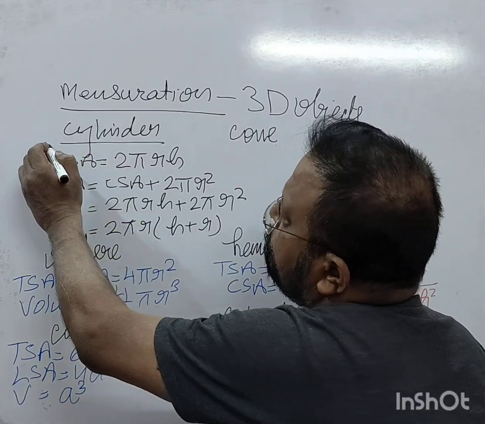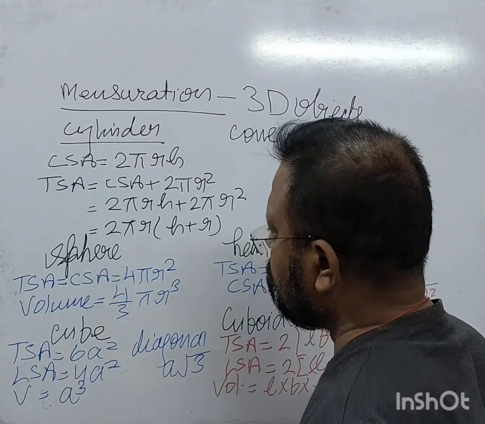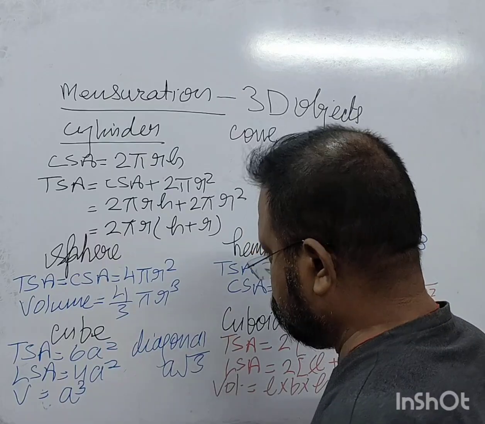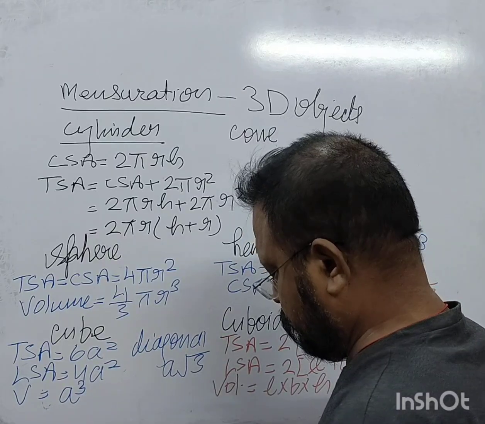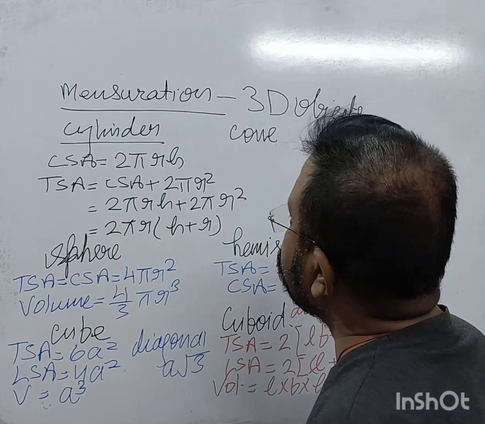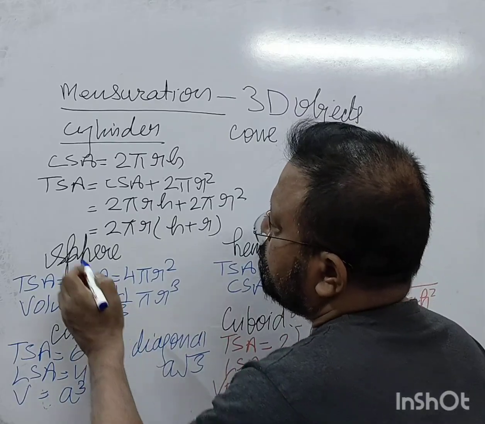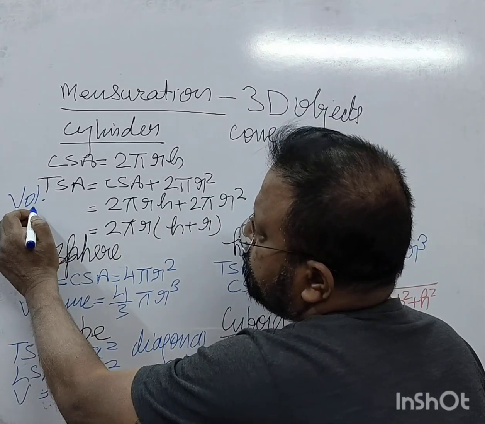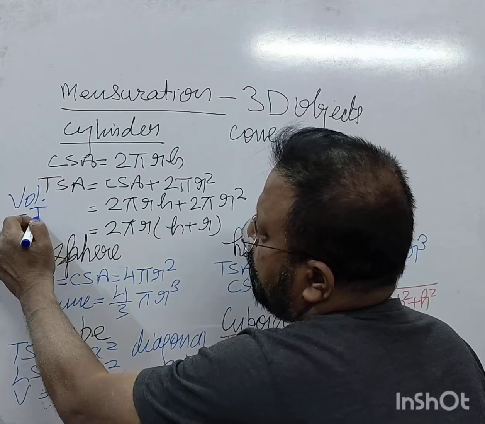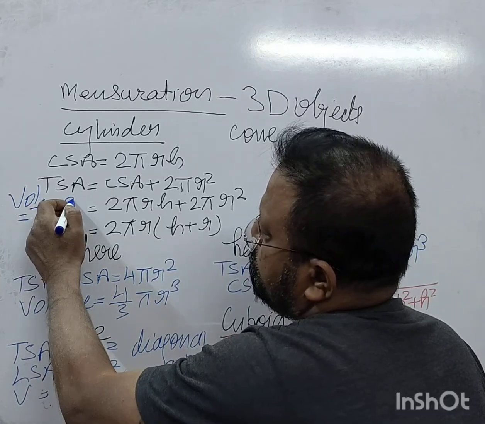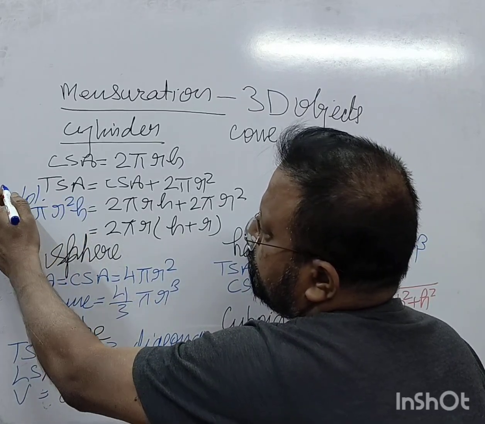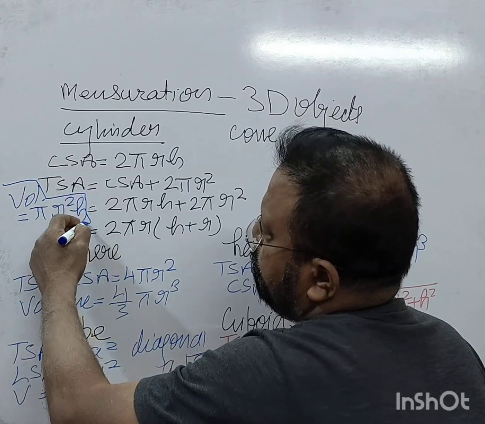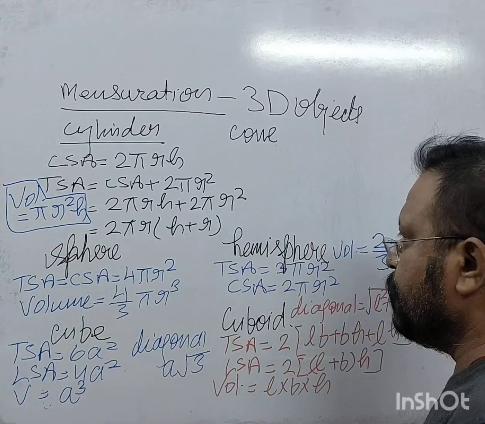And volume is pi r square h. This is the volume of cylinder, right?